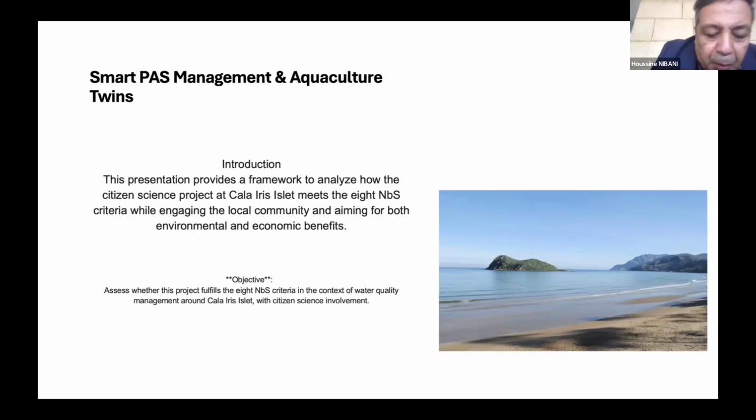And so we will try to explain our approach, which is more of a socio-development, local approach.